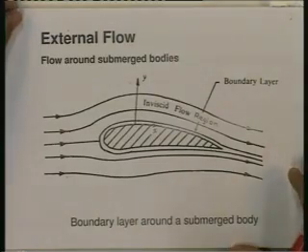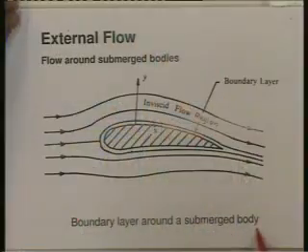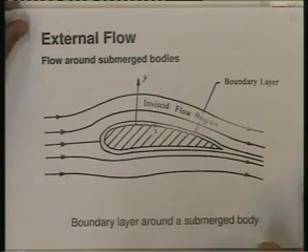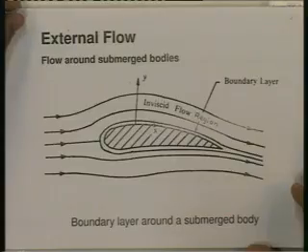One of the most important concepts for such flows around submerged bodies, also known as bluff bodies quite often, is the boundary layer around a submerged body. And many of these flows are known as boundary layer flows.